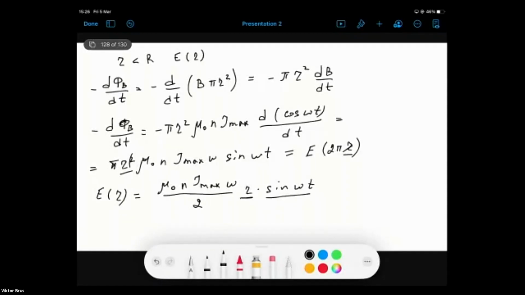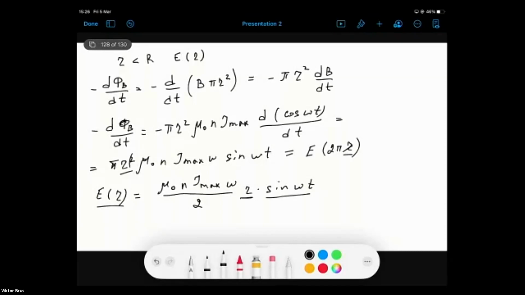However, as opposed to the previous case, when we considered the outer space of the solenoid, inside the solenoid the induced electric field increases with increasing radius. So it actually reaches its maximum value at the radius of the cross section of the solenoid.